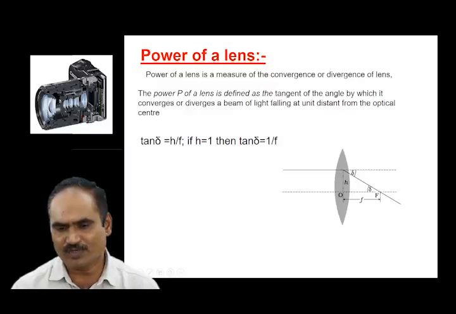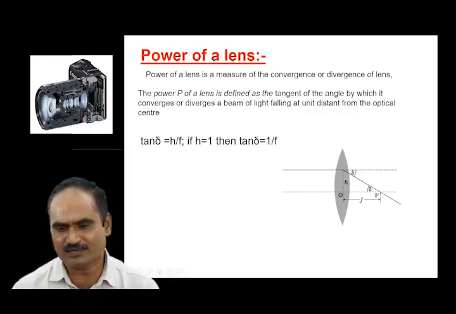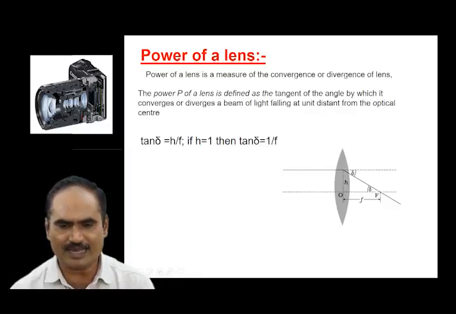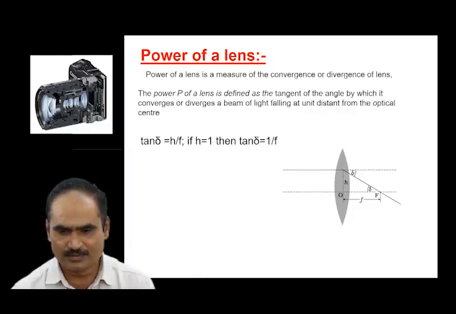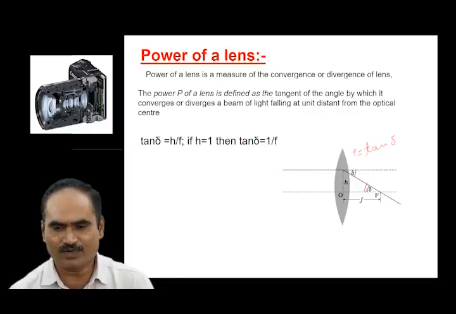If it is one unit, and you take a parallel light beam passing through this lens, obviously it will pass through F, and this distance is F. So more systematically, we can say that P is equal to tan delta, tan of this angle delta.